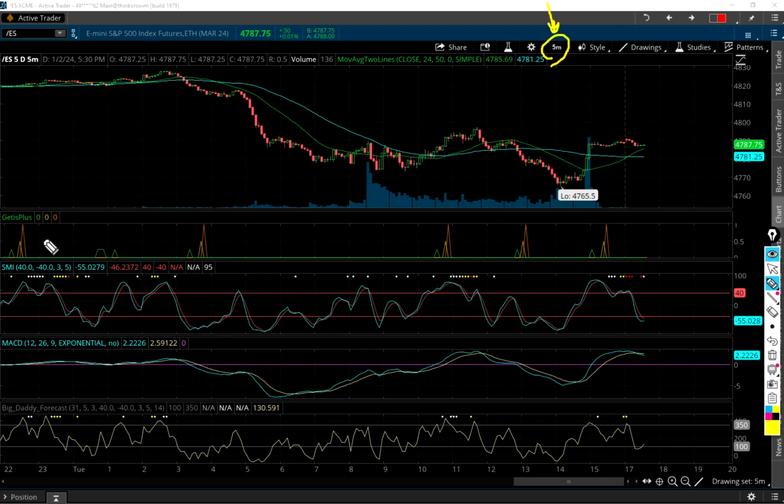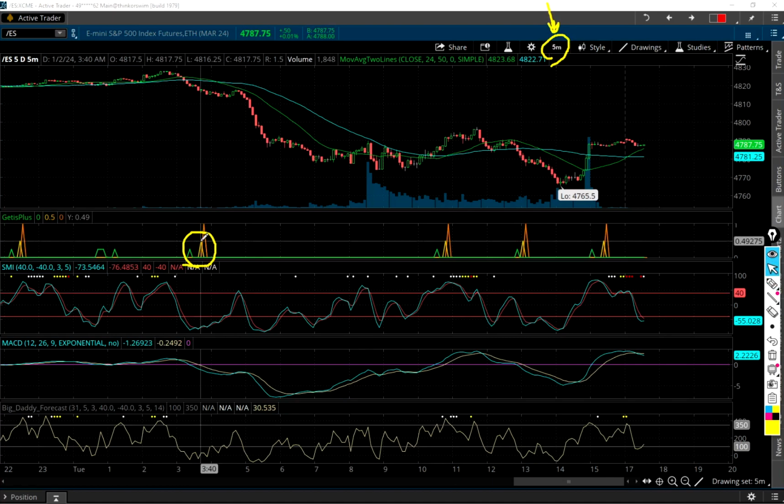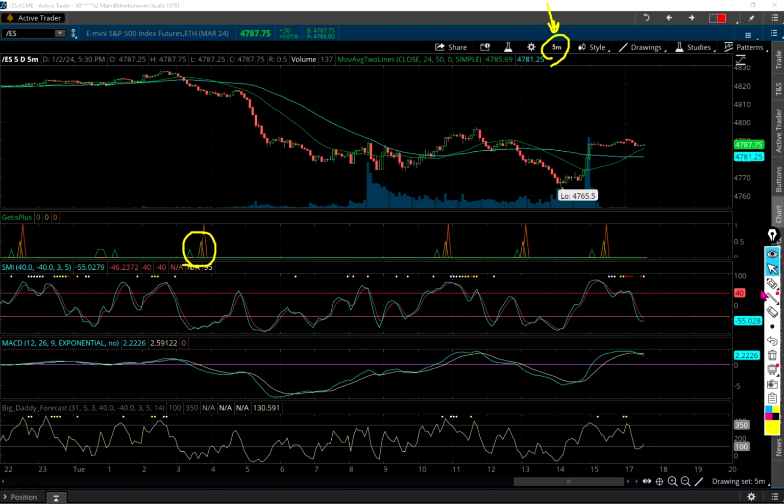You can see there's a Get Us Plus indicator that came up here about 3:40 a.m. overnight. This is futures, they're trading 23 hours a day. So this trade's pretty simple to do. At the time this came in, you can see the MACD is just below the zero line, so momentum's going negative.